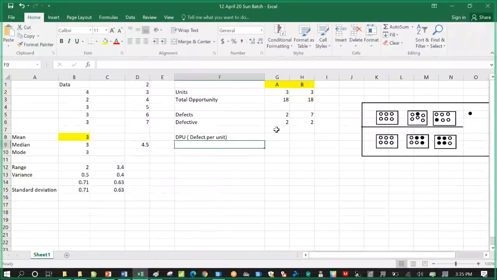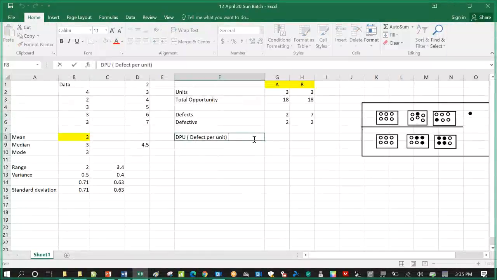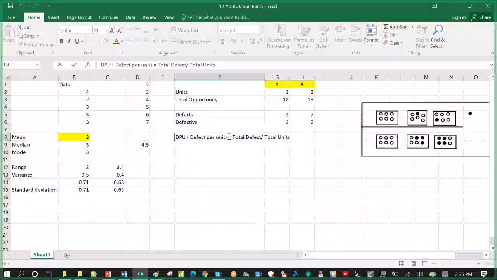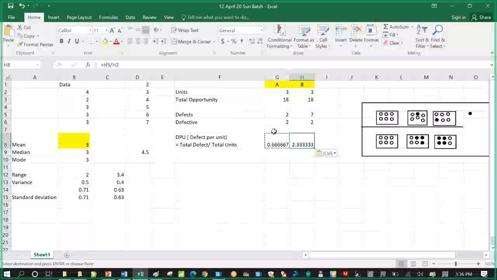When you look at here, 2 by 3. Okay, so here it will be total defects divided by total units. So how many total defects are there? And total unit 3. How about B example?